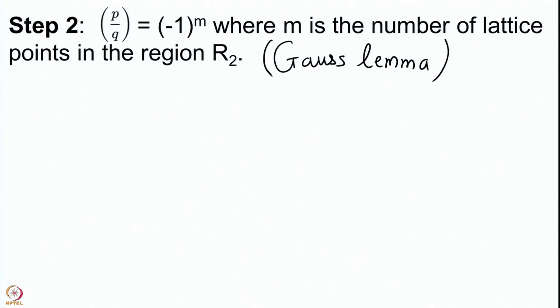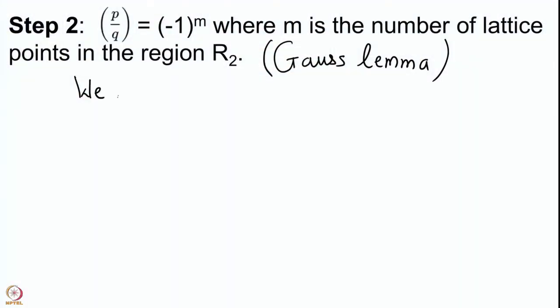So, we have to look at numerically least residues of multiples of p and see how many of those are negative. That is the number m, and we are also saying here that m is the number of lattice points in the region R2.